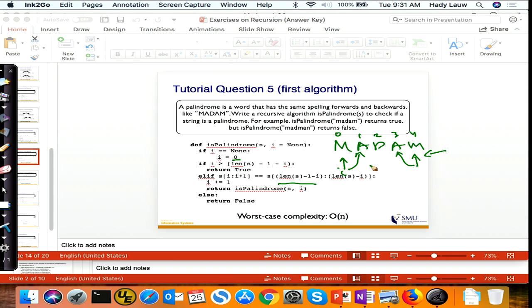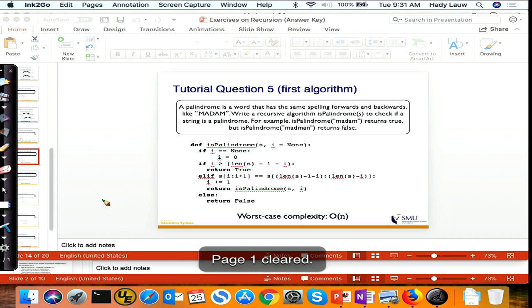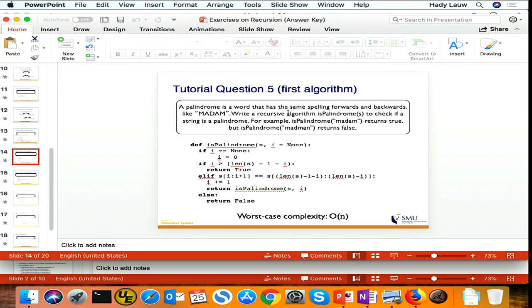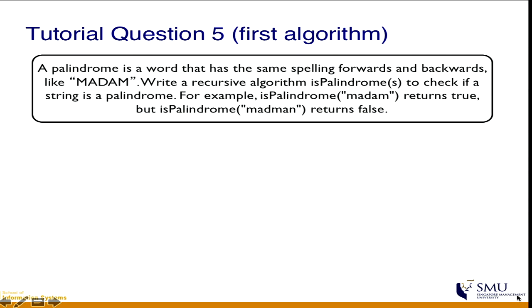Alright? Now, the other way of doing this, but the same idea, but instead of passing in just the I, you can try to carve out the whole array. This is the so-called second algorithm.